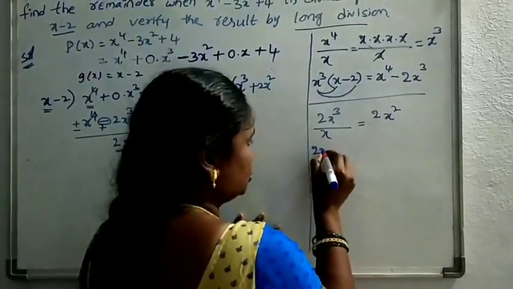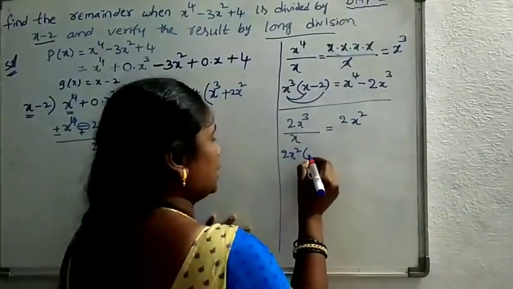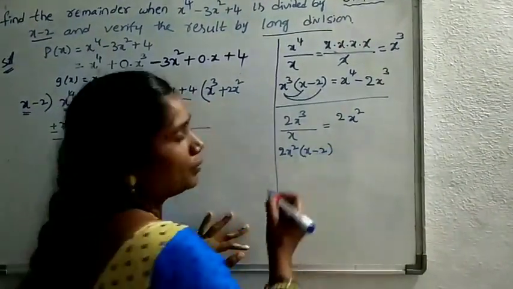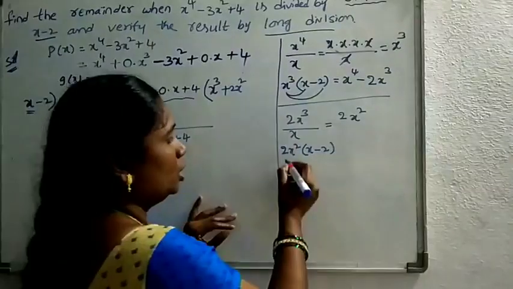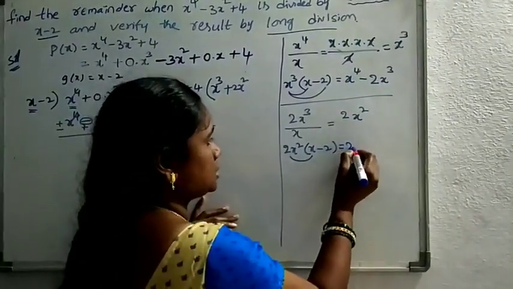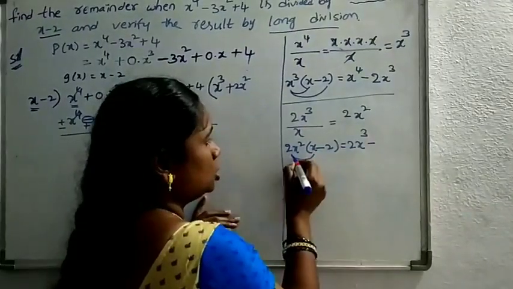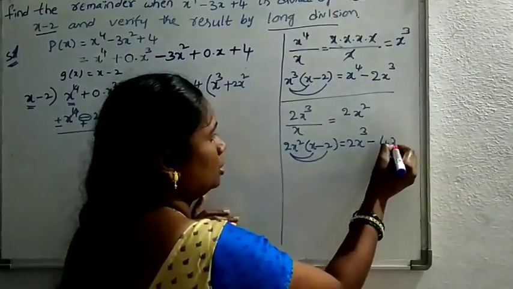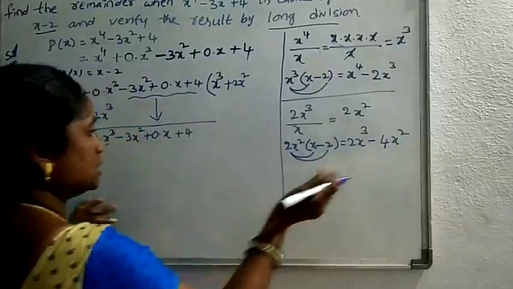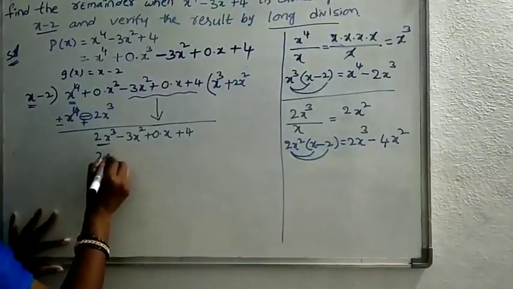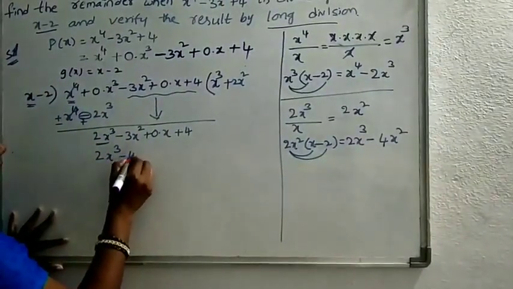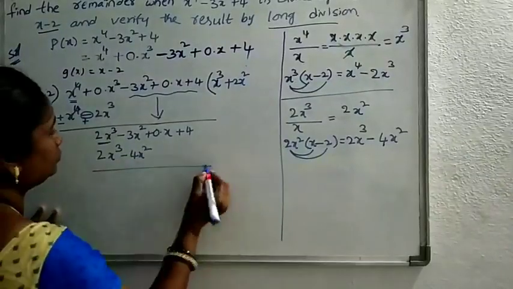Now what we have to do? 2x square is multiplied with the divisor x minus 2. 2x square into x, 2x cube, minus 2 twos are 4, 4x square. Now this term we will write under the dividend. 2x cube minus 4x square.